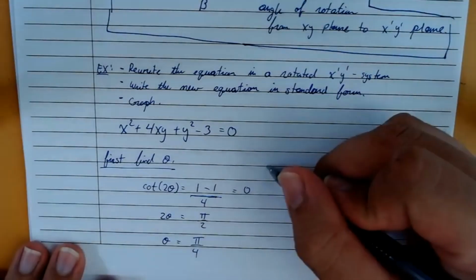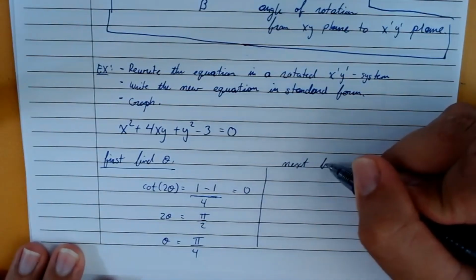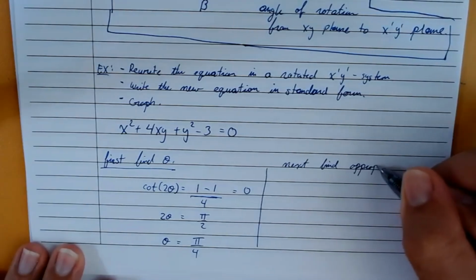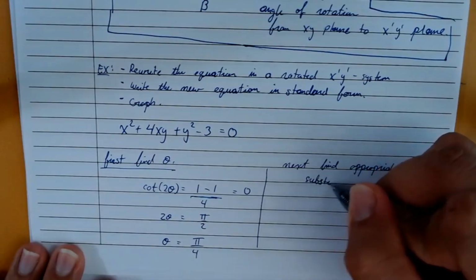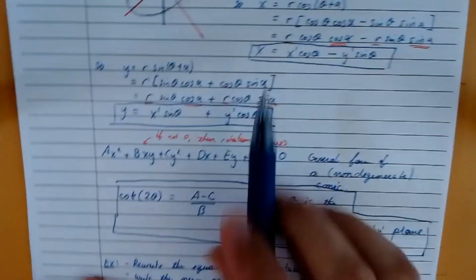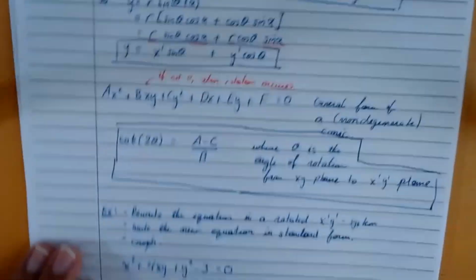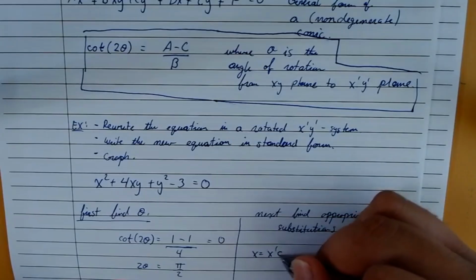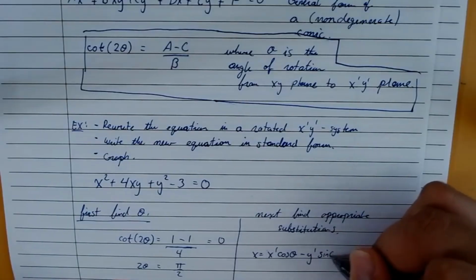Now we're going to use that to find our substitutions. Next, find the appropriate substitutions. We know x is going to be x prime cosine of theta minus y prime sine of theta.